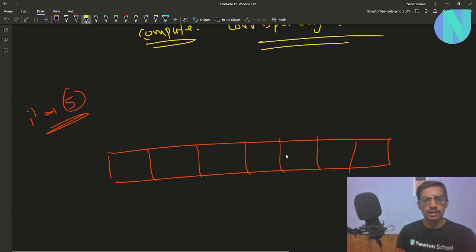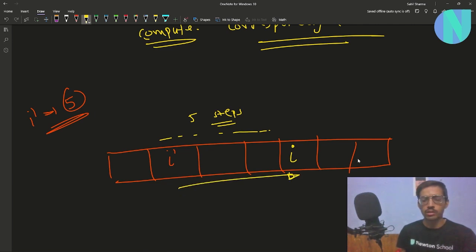Let's say I am at index i here, then my i dash will be either 5 steps to the left, because after applying 5, I will reach i from index i dash, or i dash will be somewhere on the right side. After applying 5, I will first go to the right side and then rebound back, right? So I will find the corresponding values of i dash. Either i dash will lie on the left side, and if it lies on the left side, my value will be i minus face value.